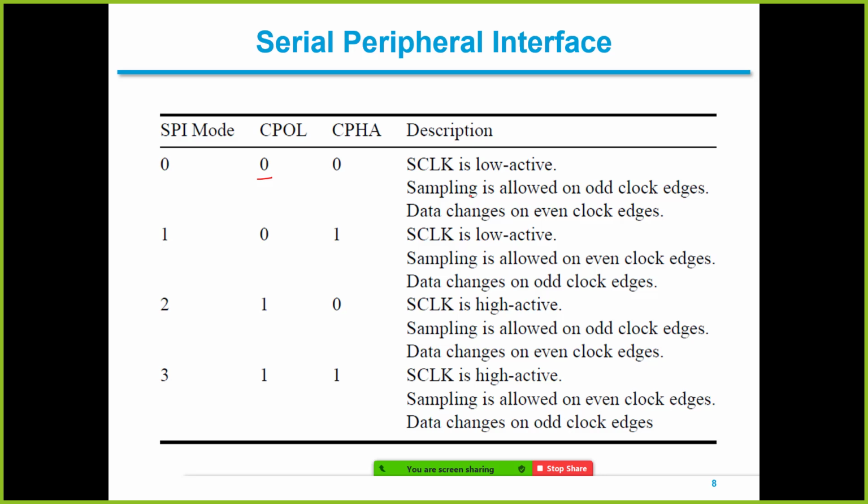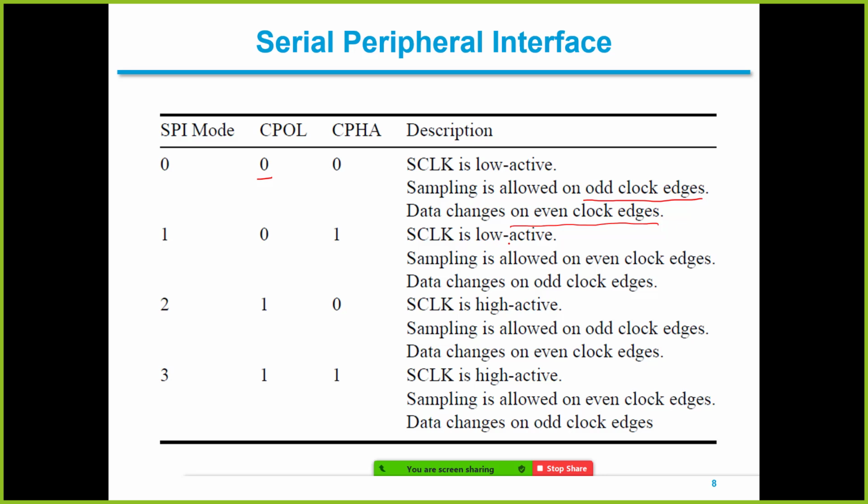And the sampling is allowed on odd clock edges. Data changes on even clock edges. These are the descriptions for when the clock polarity is 0 and the clock phase is 0. What if the clock polarity is 0 but the clock phase is 1?